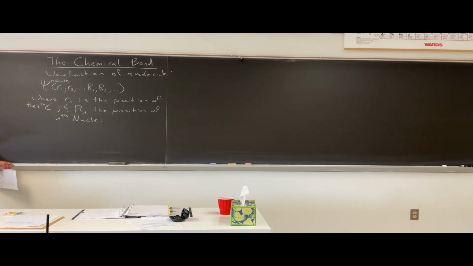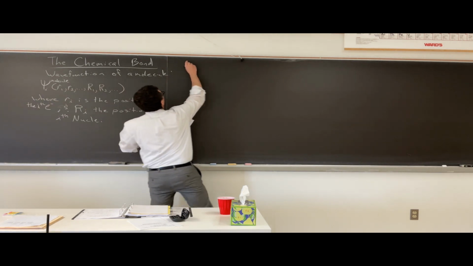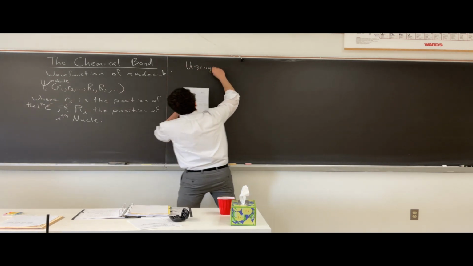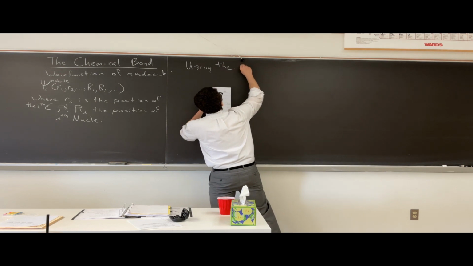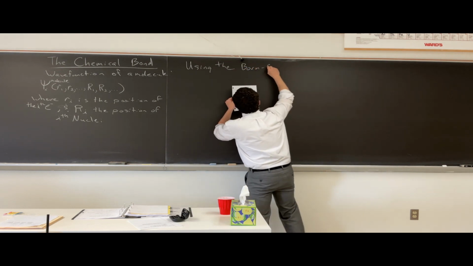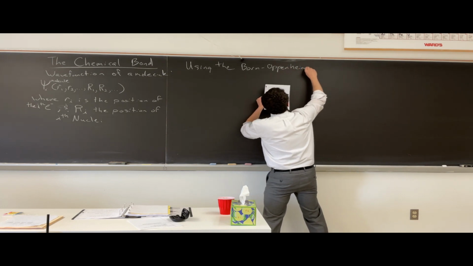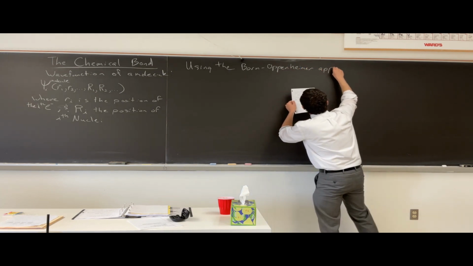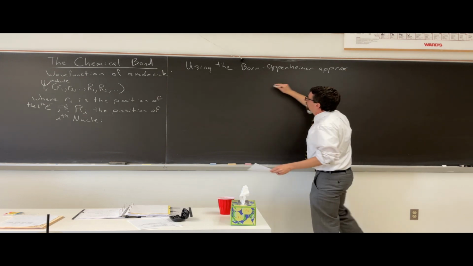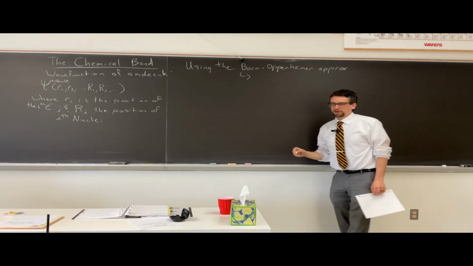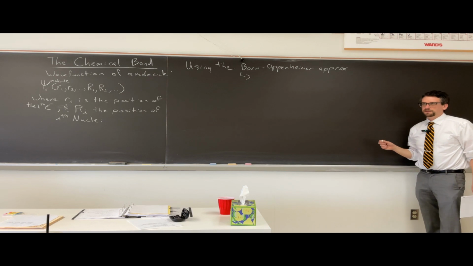He's most well known for the Manhattan Project, but early on in his career, he helped develop an approximation called the Born-Oppenheimer approximation. Anybody know what the Born-Oppenheimer approximation says or stated?